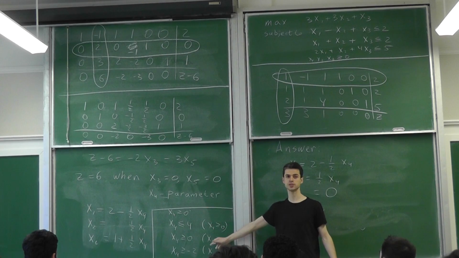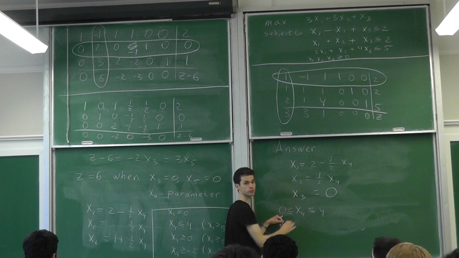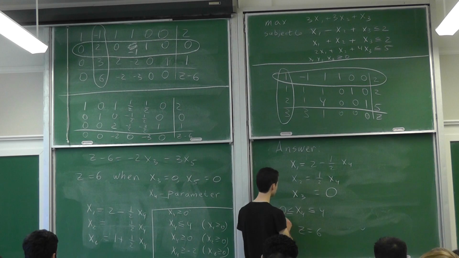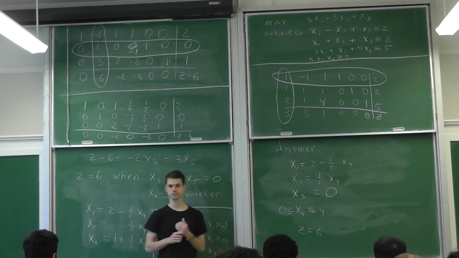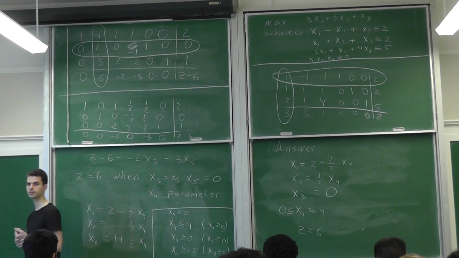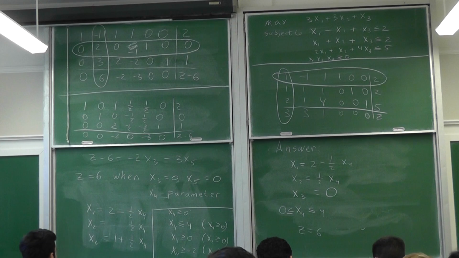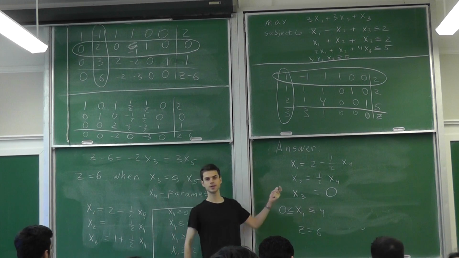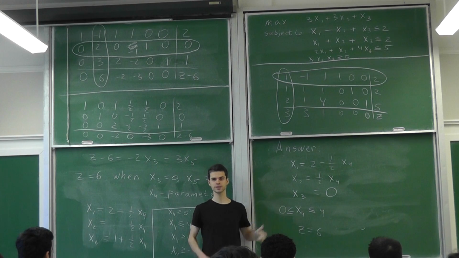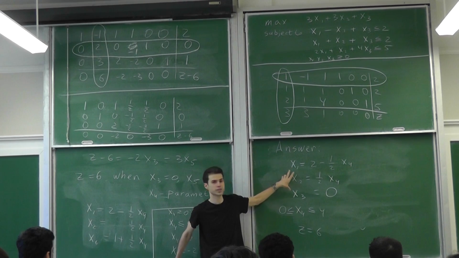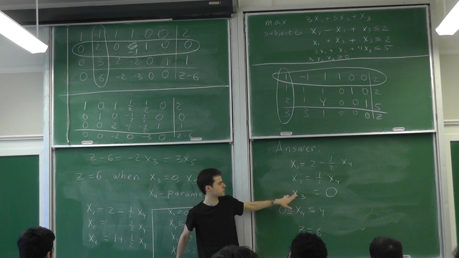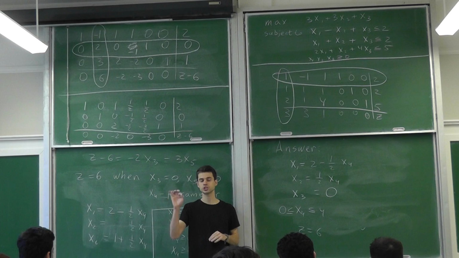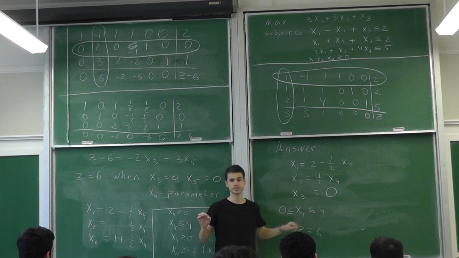So this inequality is basically x4 being from 0 to 4. And once this happens, z is equal to 6. So in this particular example, the solution set, the set of all possible assignments of variables x1, x2, x3 which give you the optimal value of z is not a point, not just one solution, a whole line segment.